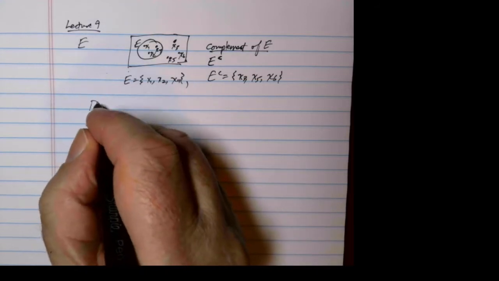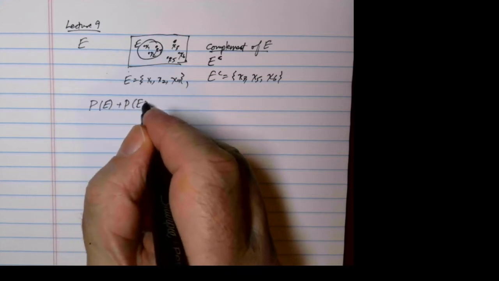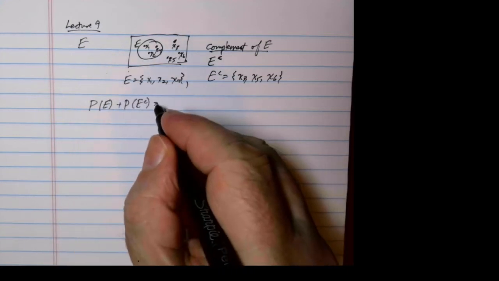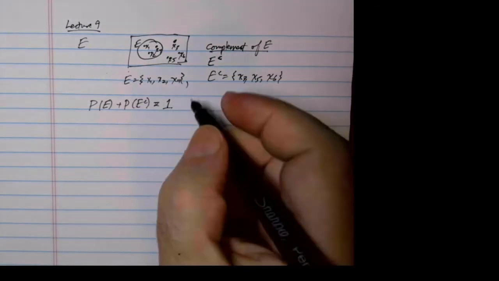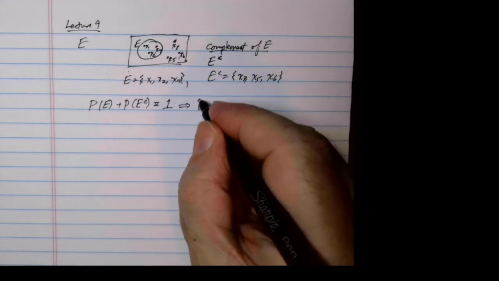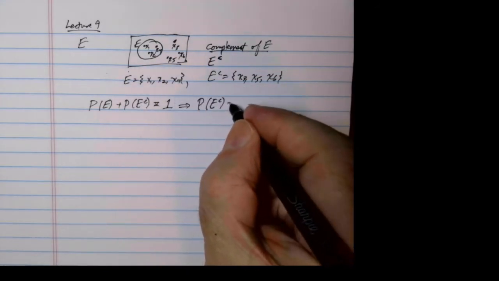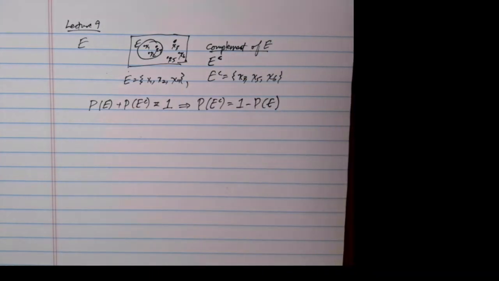What that means is that the probability of E plus the probability of E complement has to be the probability of the whole sample space, which is 1. And that gives you a little formula: the probability of E complement is just 1 minus the probability of E. Also, of course, the probability of E is 1 minus the probability of E complement.